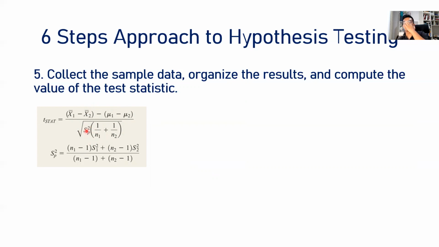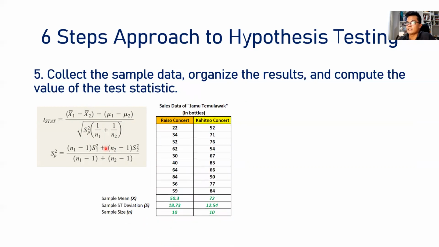SP is the pooled variance, which has to be calculated using this formula. I will go to that in a minute. So we have the following sample data, with 10 data points.